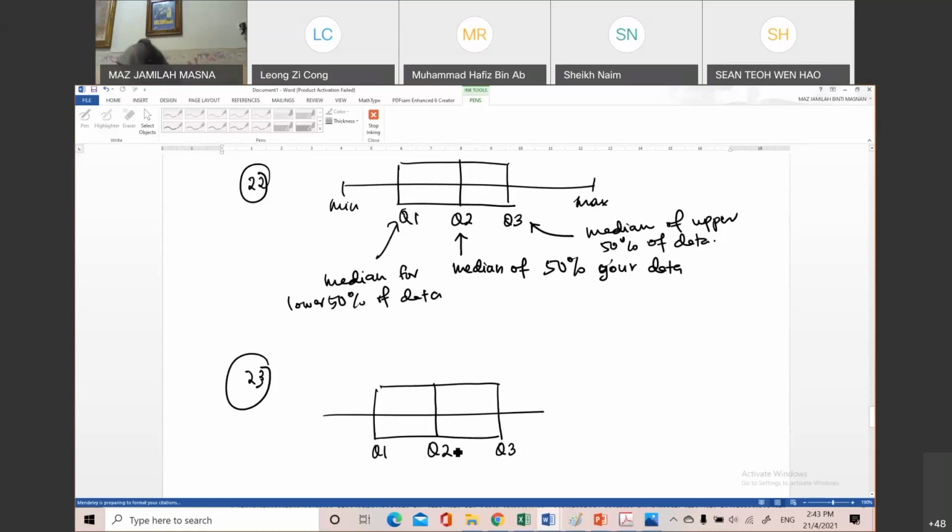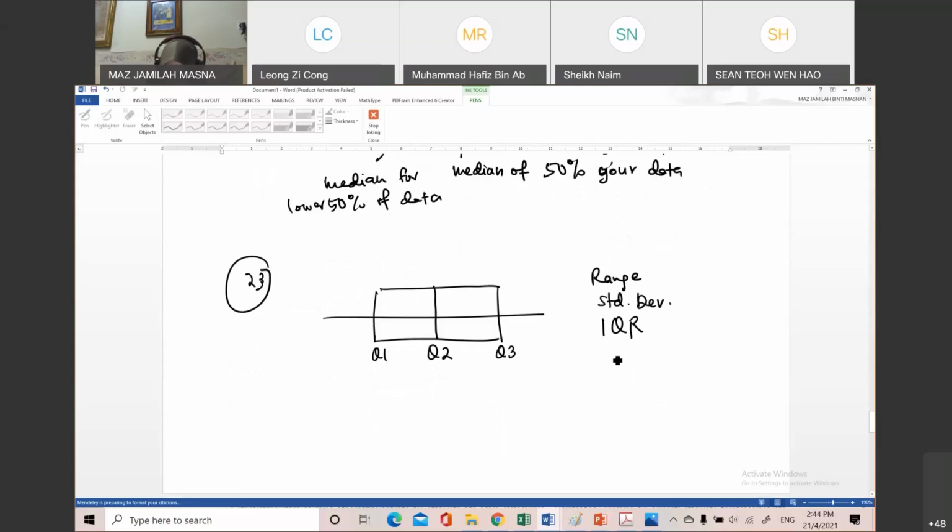The question is now, which measure of dispersion? You have range, you have your standard deviation, and then you have your interquartile range, IQR. That will be for symmetric.